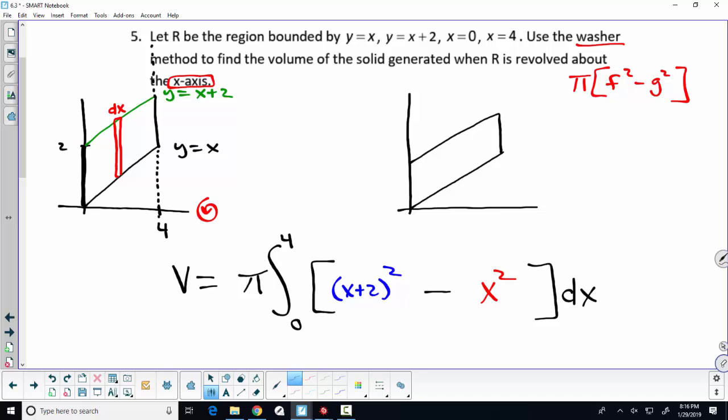What do y'all think? Does that look all right? So here's our outer radius, keeping in mind, again, we're rotating it around the x-axis. Our outer radius is the longest distance from the top function to the axis of revolution. That distance is measured by the function minus 0. That function is x plus 2 minus 0, and we're squaring that.